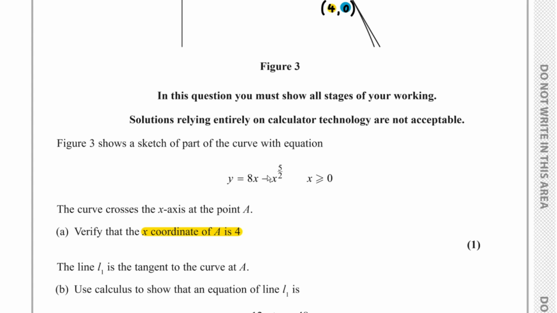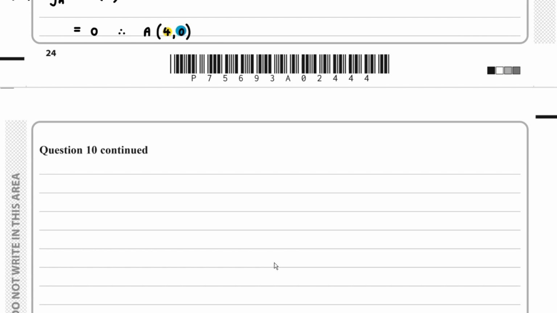Now, for us to find the equation of the tangent, we first of all need to find the gradient function, and for that we need to differentiate with respect to x. So first of all, for part B, dy over dx, that's equal to 8 subtract 5x to the 3 over 2 over 2.